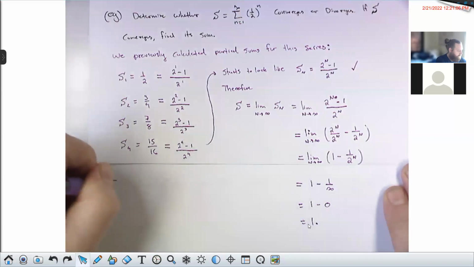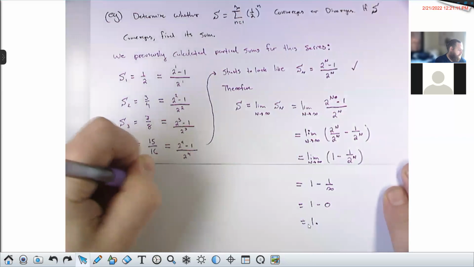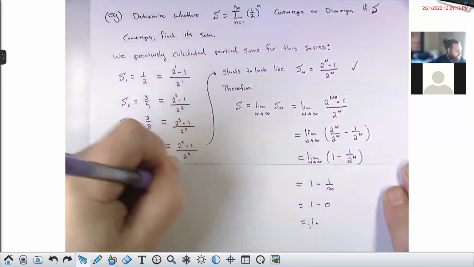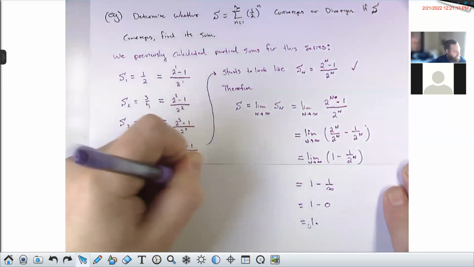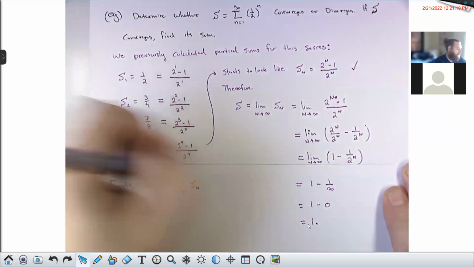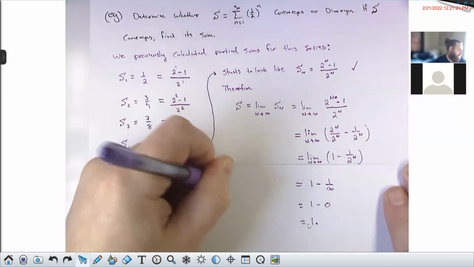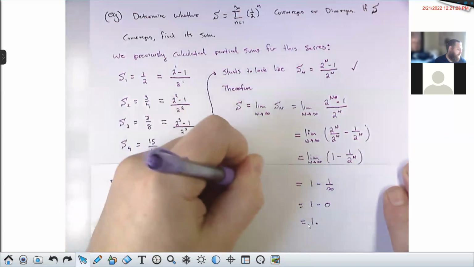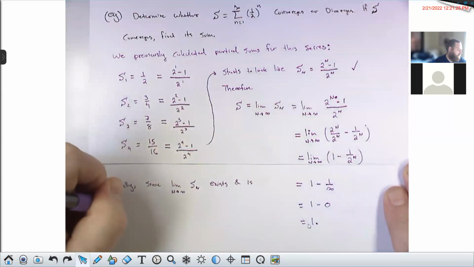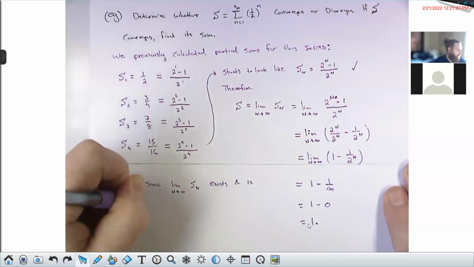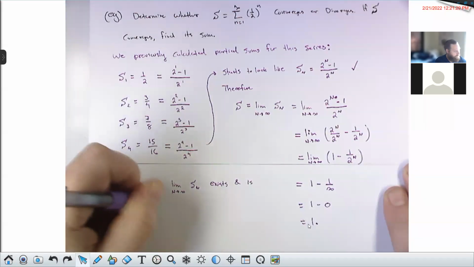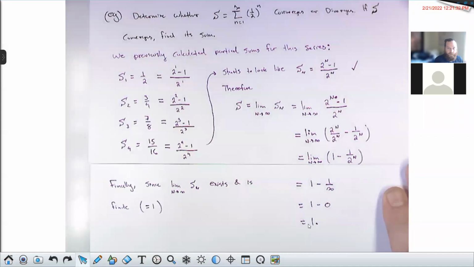Let's say finally, since the limit as n goes to infinity of the Sn exists and is finite, right? It was equal to 1, which is extant and finite.